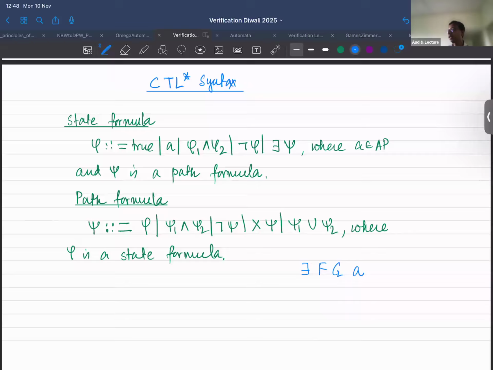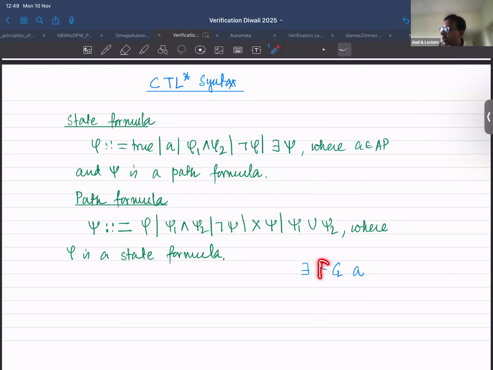Let's check if this is indeed a valid CTL star formula. So how will it look? You have there exists a psi, right? So you have this rule, and now psi is of the form psi 1 until psi 2.